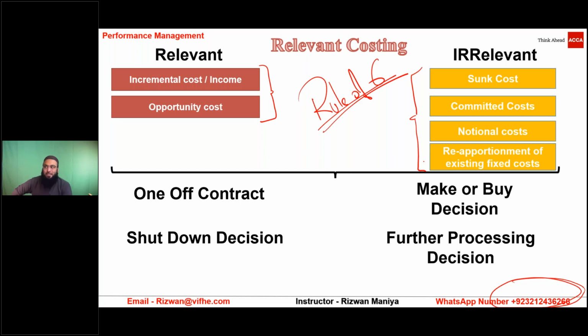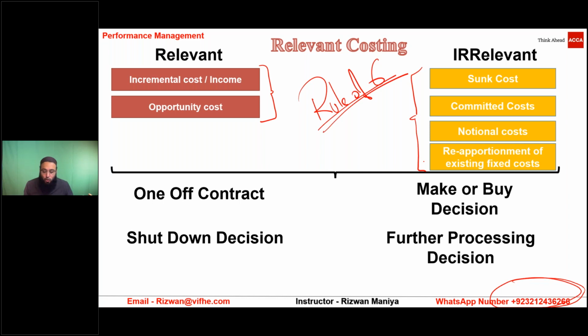First of all, what is a relevant cost? A cost that is relevant for the purpose of decision making. Now, if you are taking a decision, should you consider that particular thing for the decision, or should you not consider it? Sometimes the mistake we make is that we consider all other things which are not relevant at all, so we waste our own time and the time of others as well.